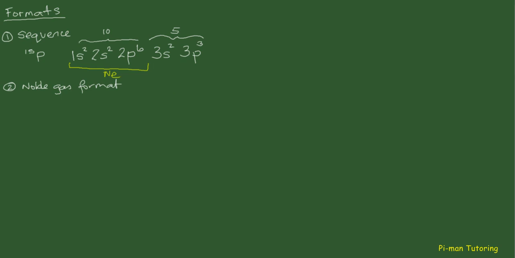And so instead of writing out the entire electron configuration, we can write shorthand, put the noble gas, and then simply list the additional electrons beyond the relevant noble gas. And incidentally, this last group of electrons here in the highest energy level, n, these are our valence electrons.